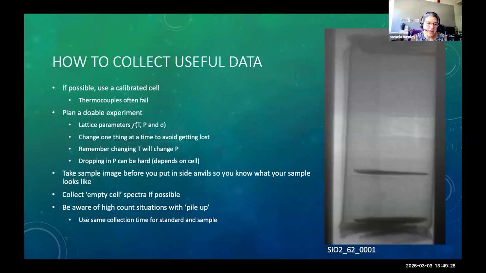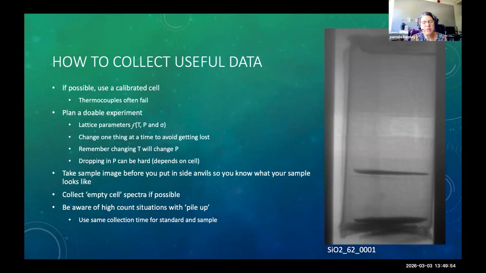We've found, and I think it's cell dependent, but we've used a lot of the ceramic cells where we have the sphere and seats, which is the thing we've had the most experience with. And we don't really have good luck dropping pressure. So if I want to do something at a bunch of different pressures, it's better to have a bunch of different cells.